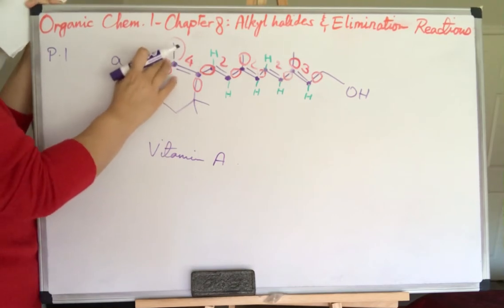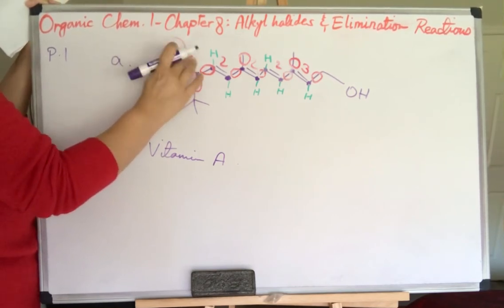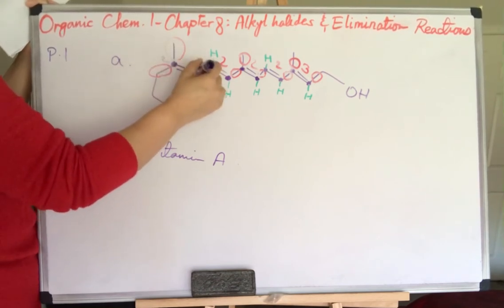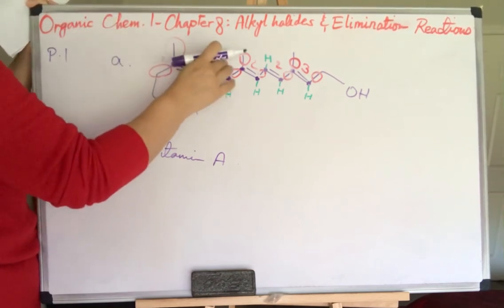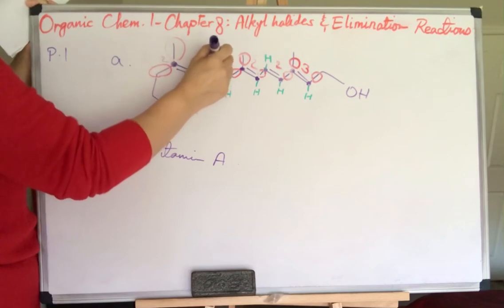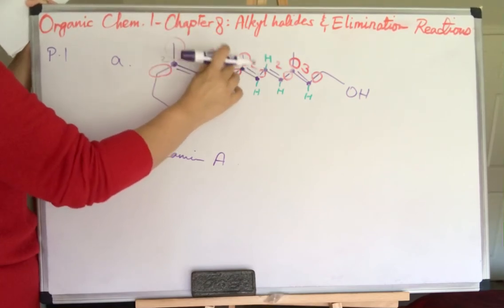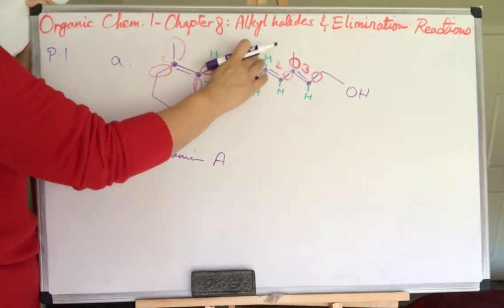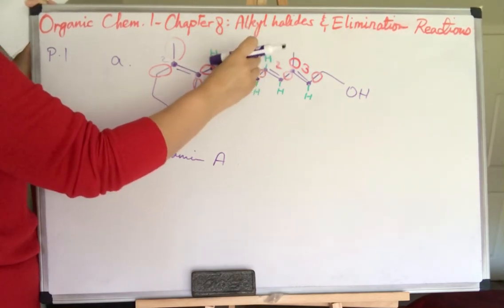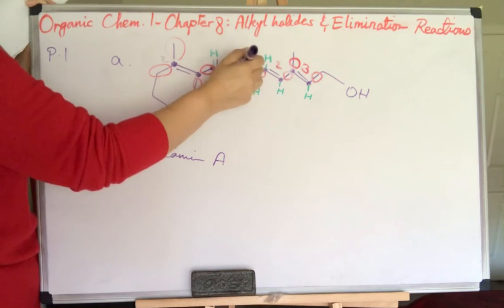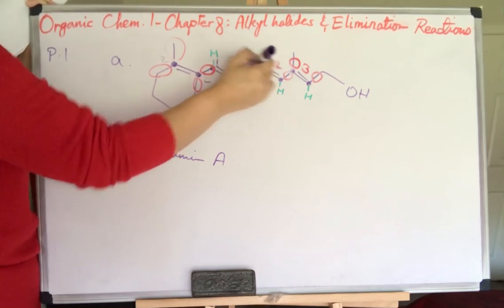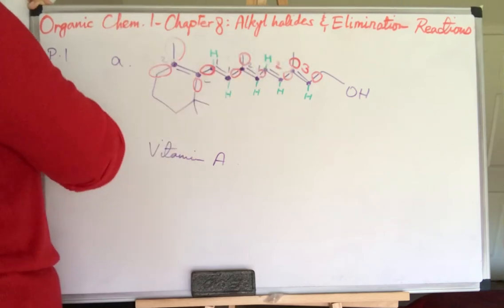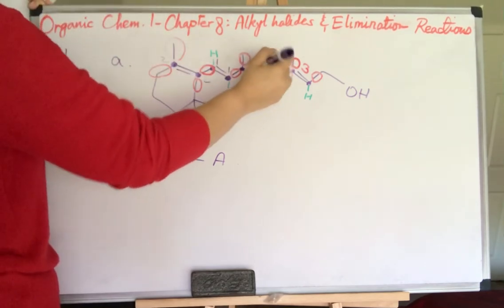If you want to classify on each carbon, instead of each double bond, you would say 2 here, 2 here, and then 1 here on this carbon, 1 here on this carbon, and on this carbon you would say 1, 2, and here you say 1. On this carbon you would say 1.